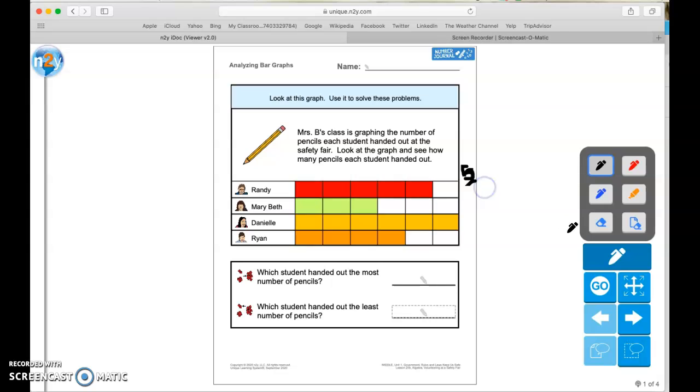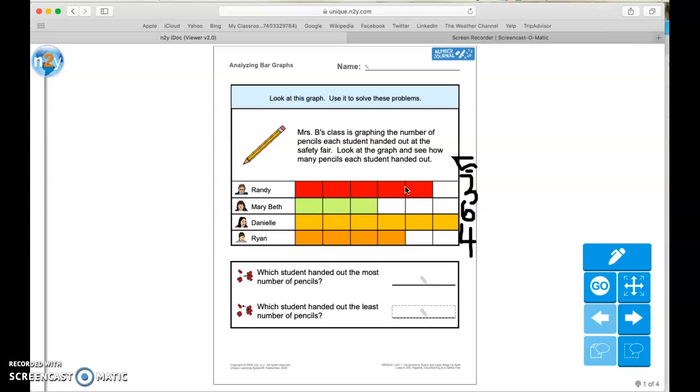Oh my gosh. And 4 for Ryan. Okay, sorry about my writing. 5, 4, 3, and 6.